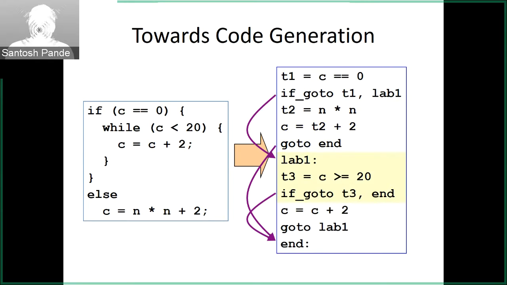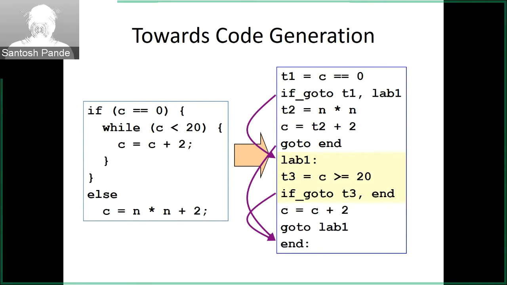So for example, we will take up the body of the if statement, and we'll do certain conversion, and we would have generated some code for the while statement. For generating the code for the while statement, we would have generated the code for C is equal to C plus 2 statement here, and then we'll wrap up with a code for while.